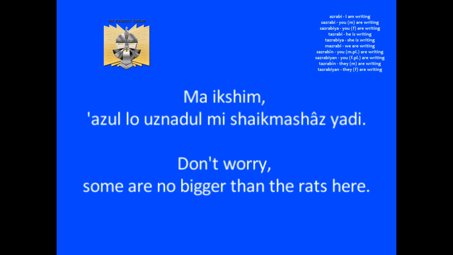The second word for negation in this line is lo, as in lo uznadulmi, meaning no bigger than. Lo is the negation used for adjectives, adverbs, comparative forms, like the word bigger here in our example. Anything that is not a verb, really.